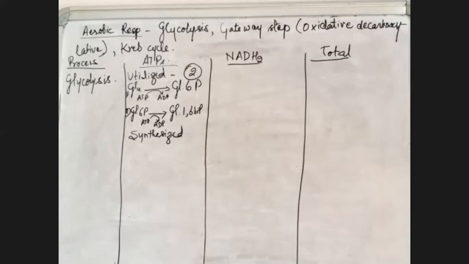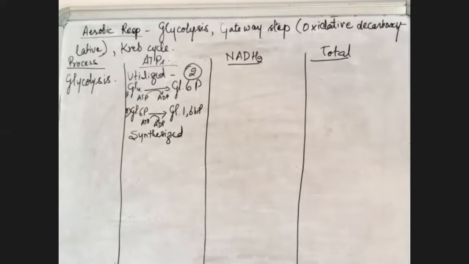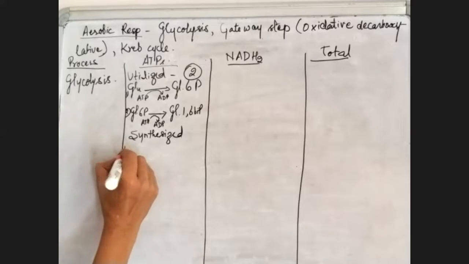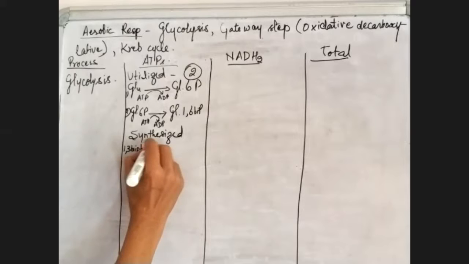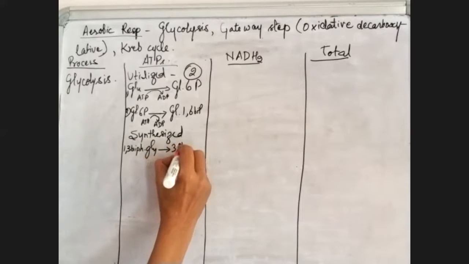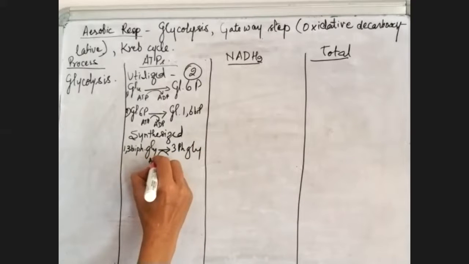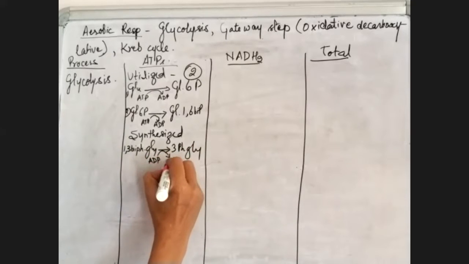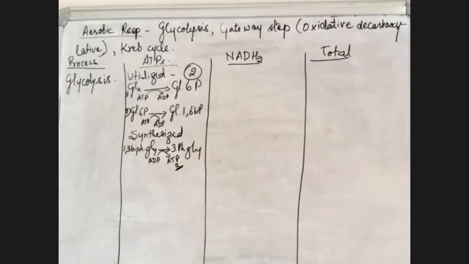One, when 1,3-biphosphoglycerate got converted into 3-phosphoglycerate. At that time, ADP got converted into ATP. And how many ATPs were formed here? 2 ATPs were formed. This was the first step when ATP was synthesized.